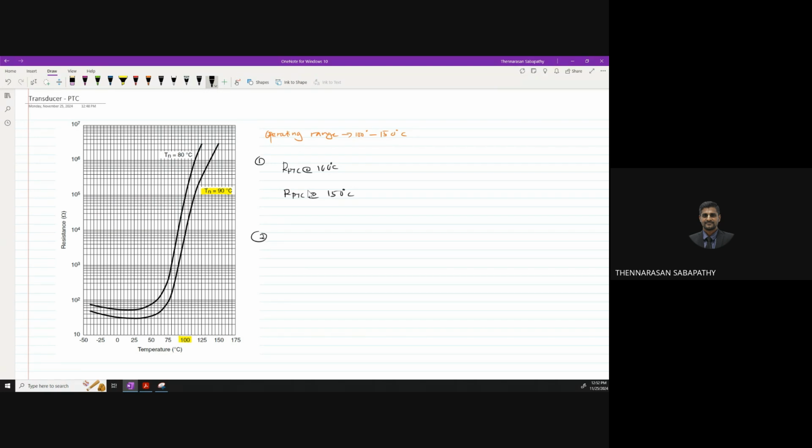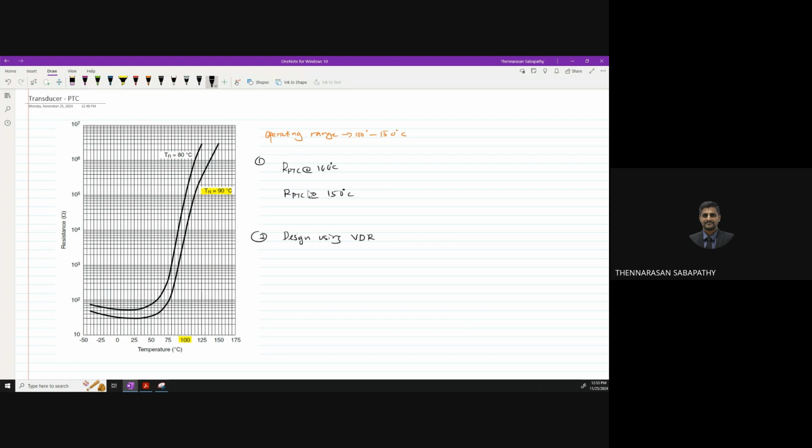Second step, design using a voltage divider. Okay, VDR, voltage divider. For this case, you have to put the PTC at the bottom if you want low temperature to give low output voltage, and high temperature to give high output voltage.